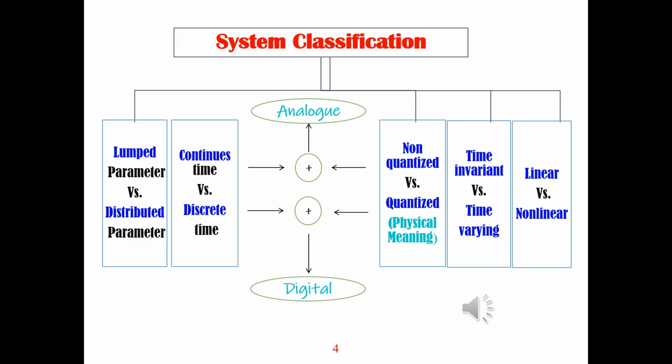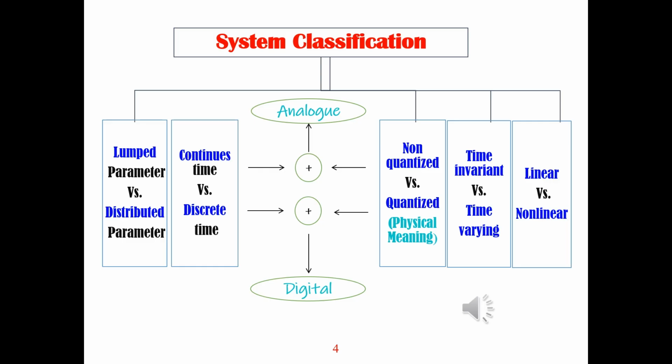It may operate in continuous time or in discrete time. Another distinction is between non-quantized and quantized systems, which reflects whether variables take on continuous values or step-like, discrete values. We also classify systems as time invariant, meaning their behavior does not change with time, or time varying, where the rules evolve over time.